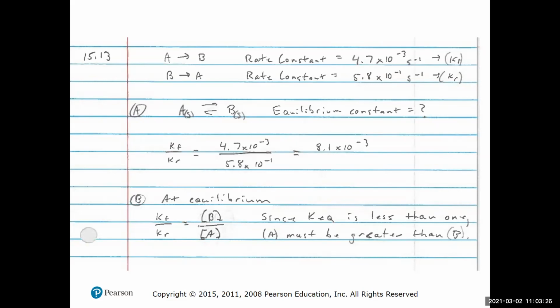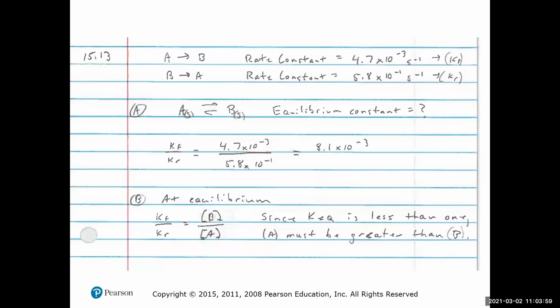Okay, then the next question for 15.13 is, which is greater at equilibrium, the partial pressure of A or of B? Well, if we write that equilibrium expression for A going to B, remember it's products over reactants, so it'd be the concentration of B divided by the concentration of A. We know from part A that our equilibrium constant is 8.1 times 10 to the minus 3.